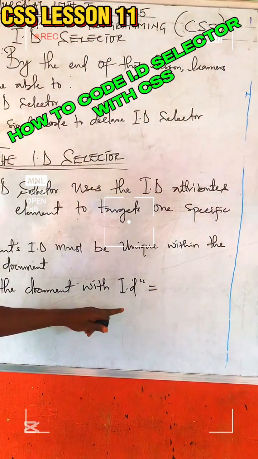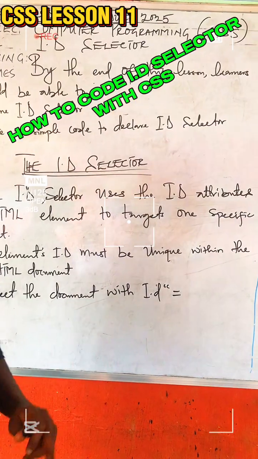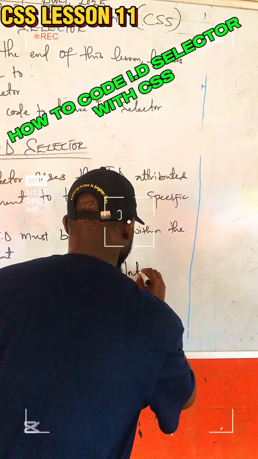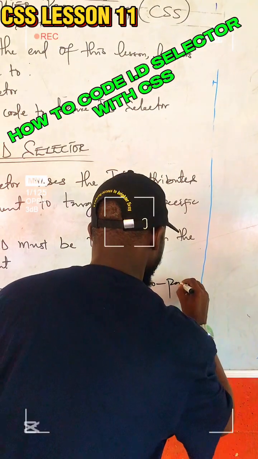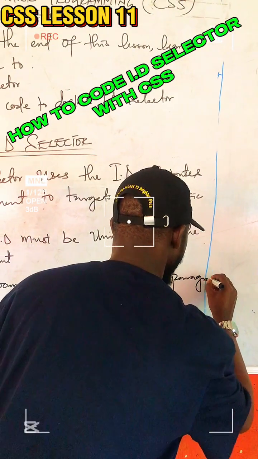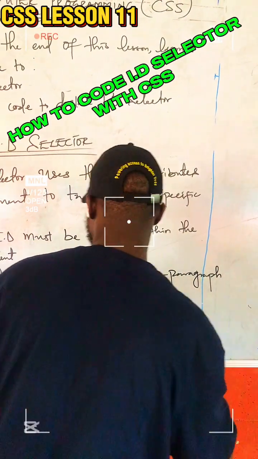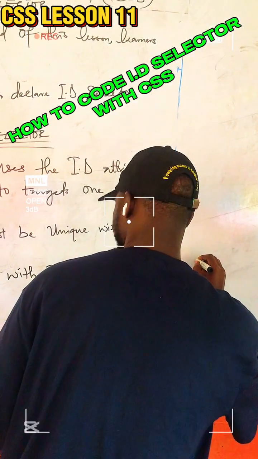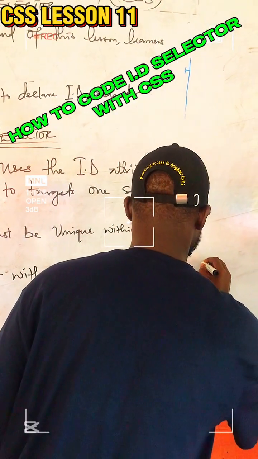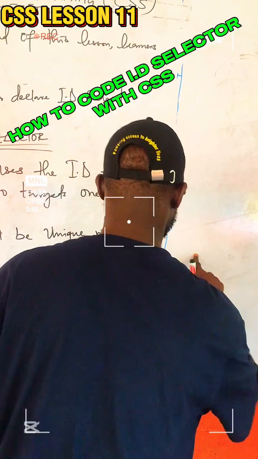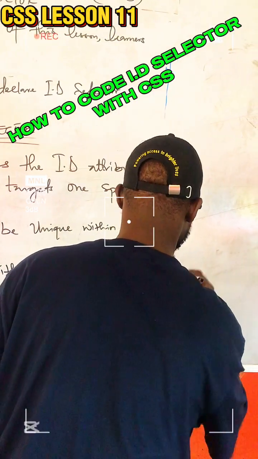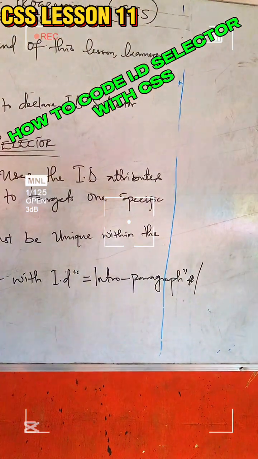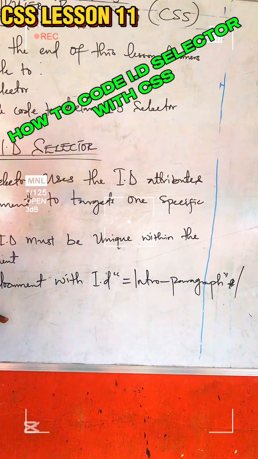Select documents with ID equals sign intro paragraph, close your quotation, then the star and the forward slash. So this is the first line of the code.